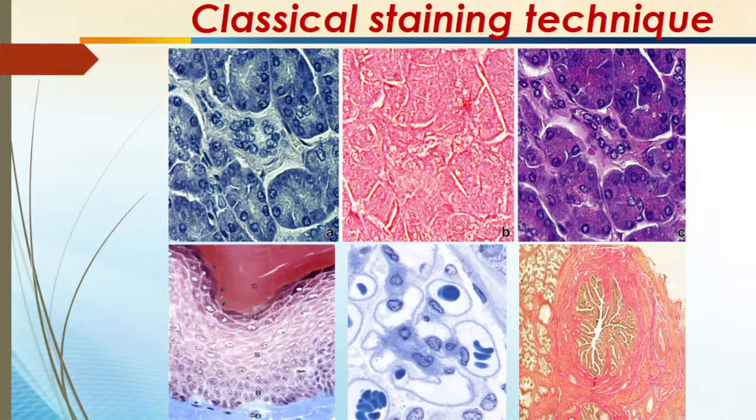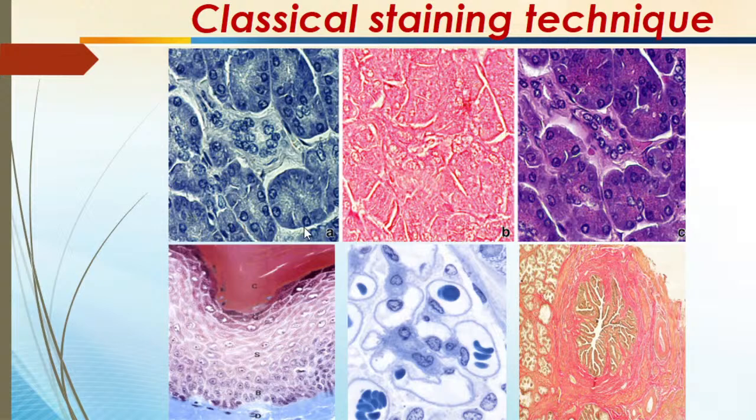It's very good. Now let me introduce to you the classical staining technique, which you may find in many books about slides. That's hematoxylin and eosin. Hematoxylin is represented in the first picture at the upper left corner.